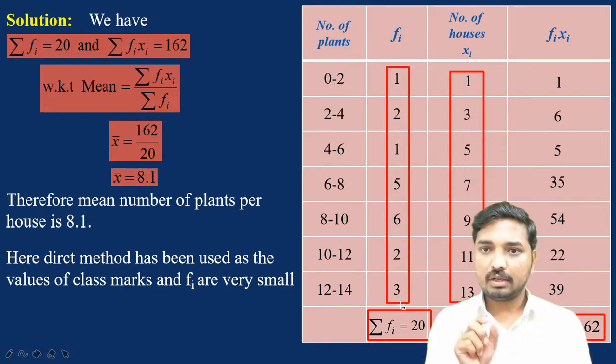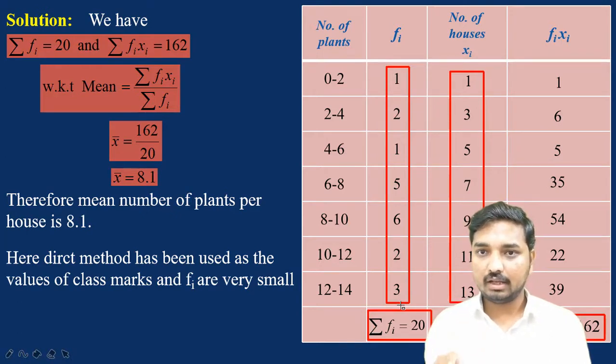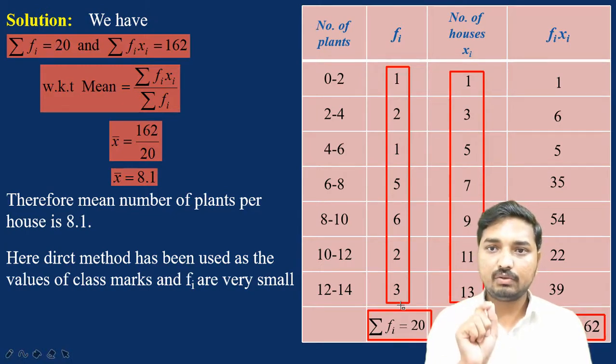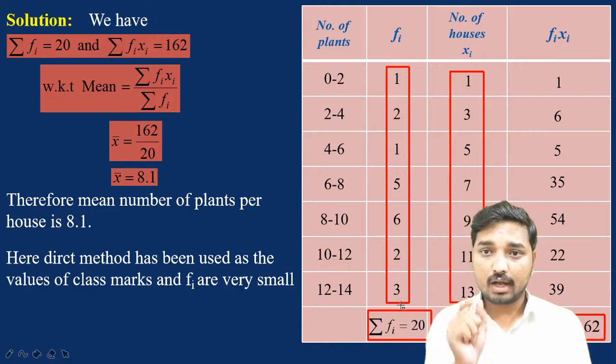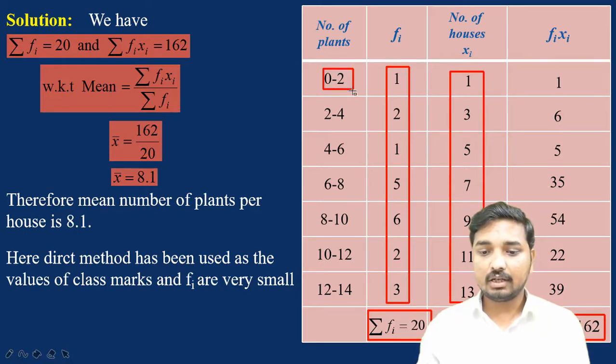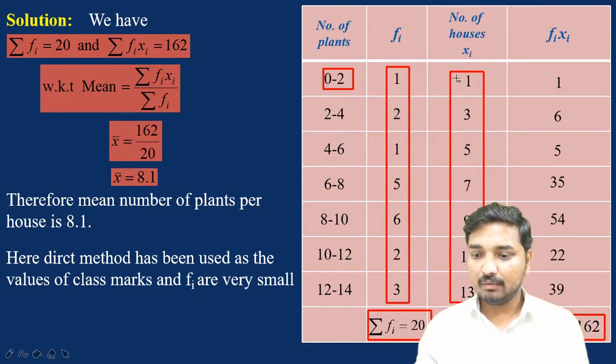Now look here, the frequency column and the xi column. If the numbers seem to be smaller, it is better to use the direct method. If the numbers are larger, suppose the class interval is like this, 100 to 150, then what will be the value of xi?